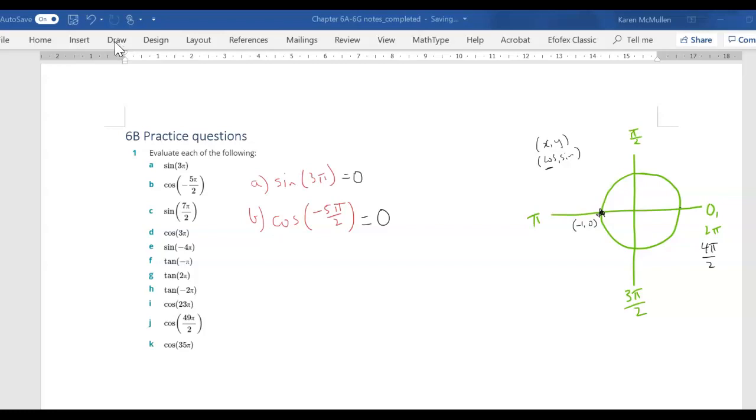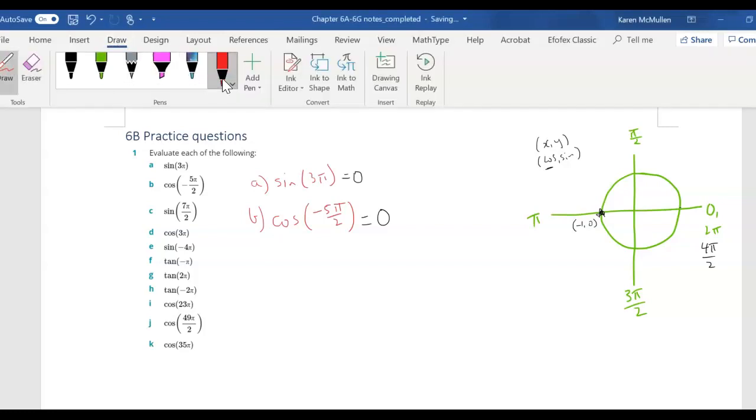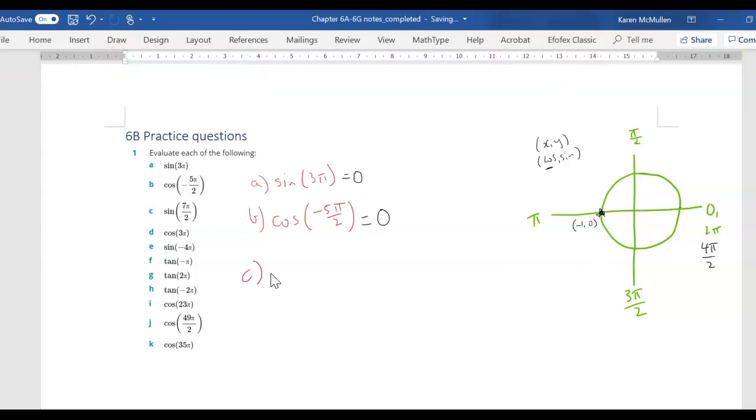All right, so let's do question C. So we've got sine 7 pi on 2. All right, so we've got to find 7 pi on 2. So we went all the way around. We're at 4 pi on 2.